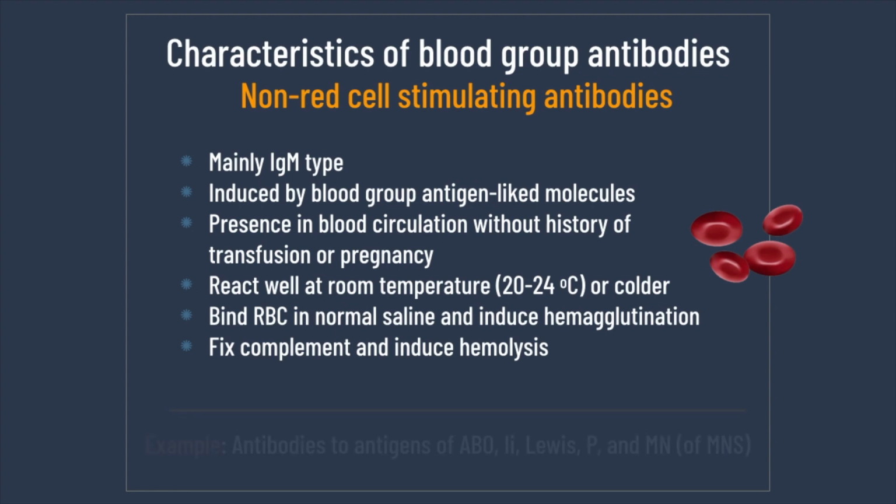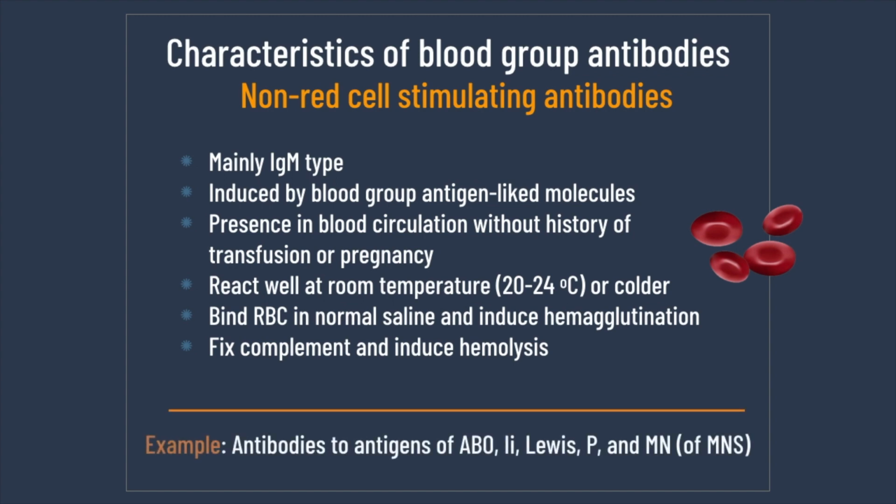For example, antibodies to antigens of blood groups ABO, I, Lewis, P, and MN antigen of the MNS blood group system. Because non-red cell stimulating antibodies can directly induce agglutination, they are sometimes called complete antibodies.